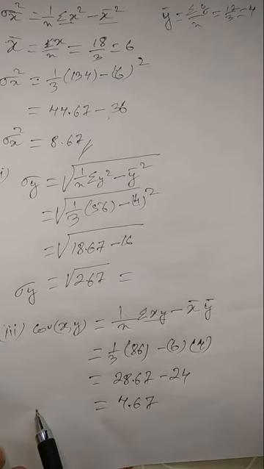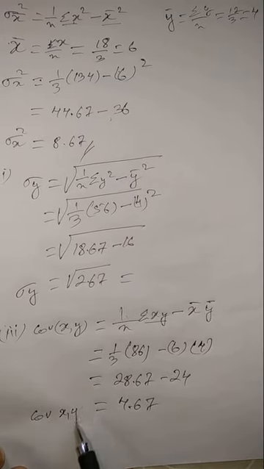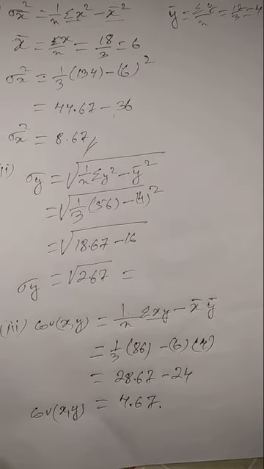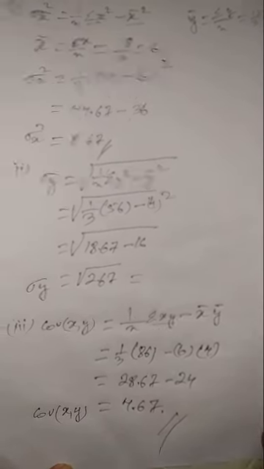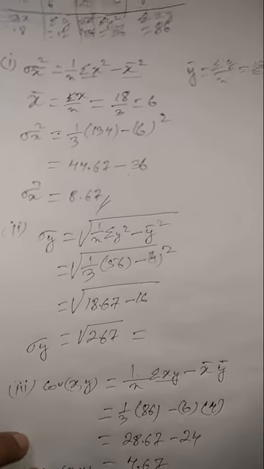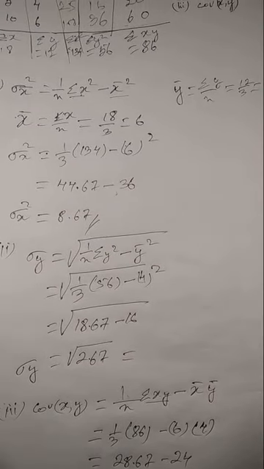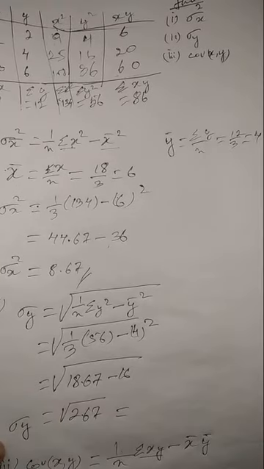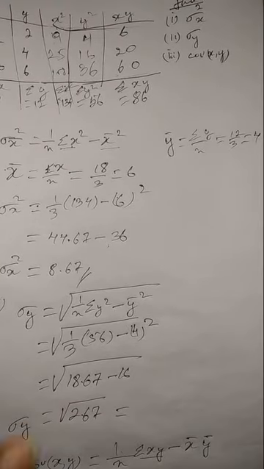So our cov xy is equal to 4.67. Okay, so in case you are given this kind of data and then you are asked to find out the variance, standard deviation and covariance, you can utilize the formula. Got it?